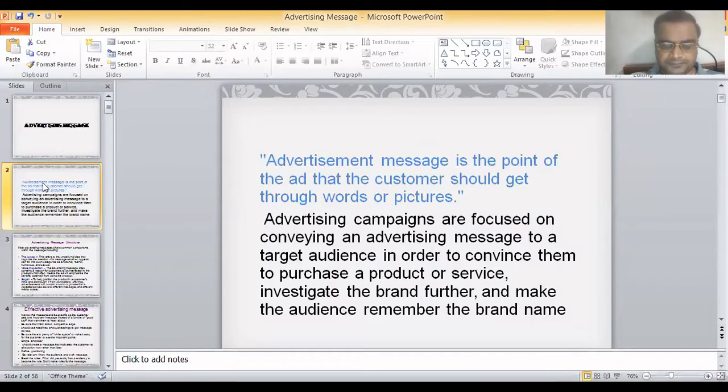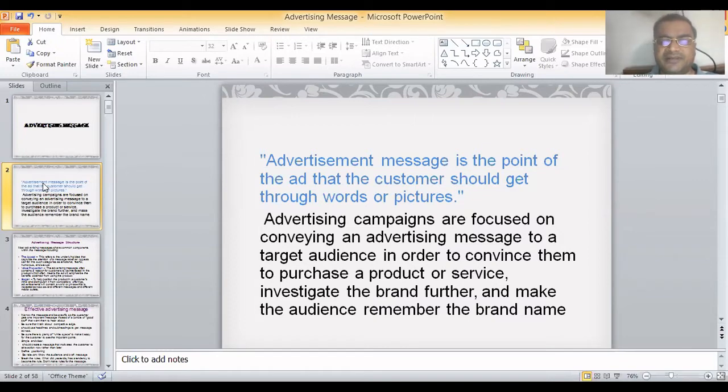So when you go through an ad in a newspaper, or see an ad on the internet, or watch an ad on television, or any form of advertisement, the message which is coming across from that advertisement is the advertisement message.